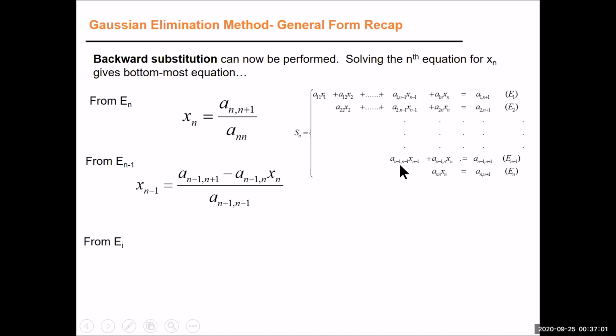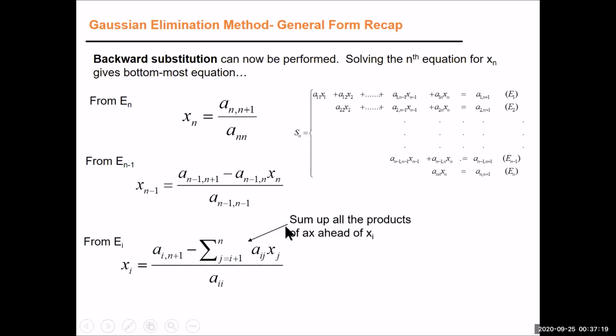Now, if you put it in a general form, what it says is that, for any particular equation, it is simply the constant on the right-hand side of the equation minus away a summation of everything that you have obtained prior. So all these values are obtained prior. That will include all these terms, and then finally divided by the coefficient of the unknown variable that you're looking for. So this is the general form of this entire thing.